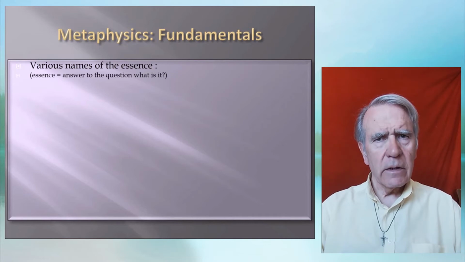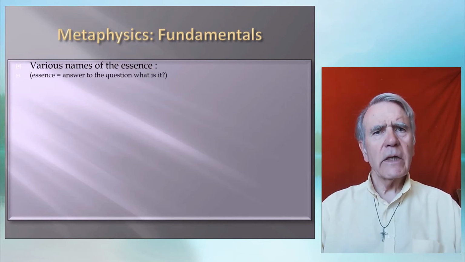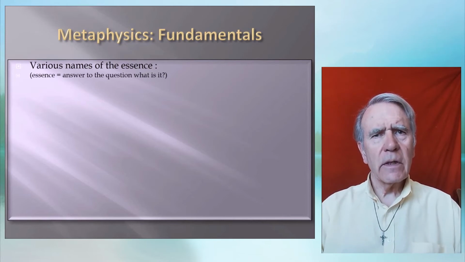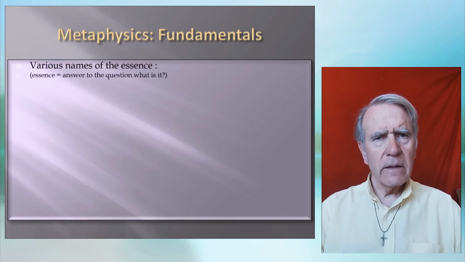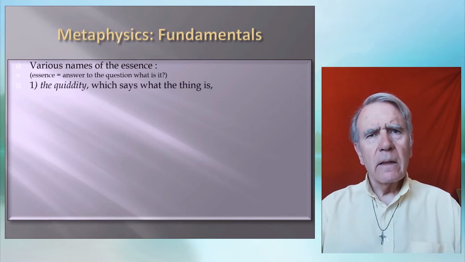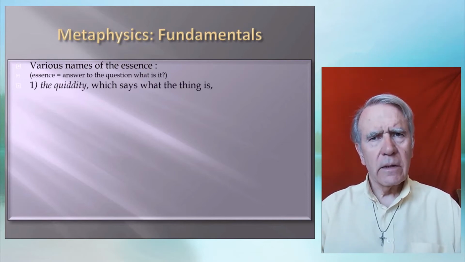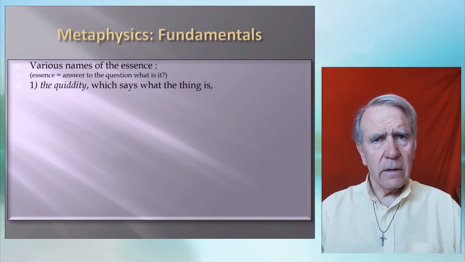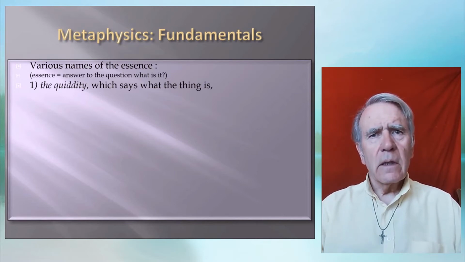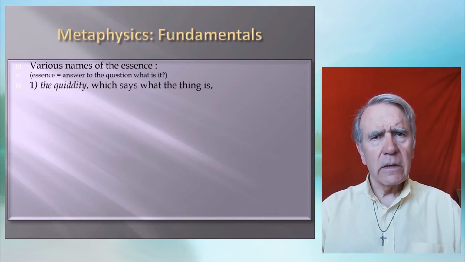It is this subject, this essence, which takes several names depending on the aspect in which it is used. The essence is called, first, quiddity, from the Latin quid sit res: what is the thing? Quiddity says what the thing is.